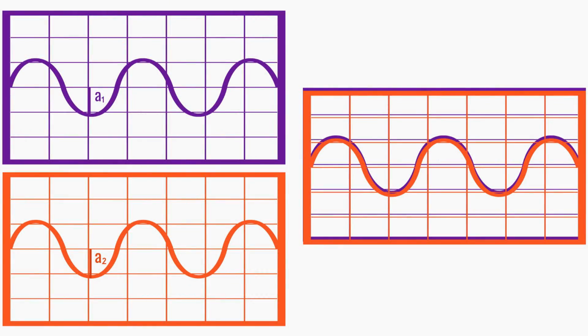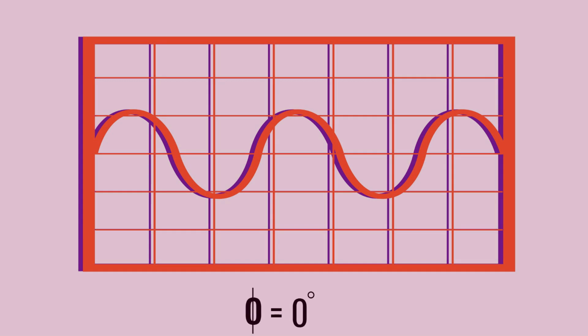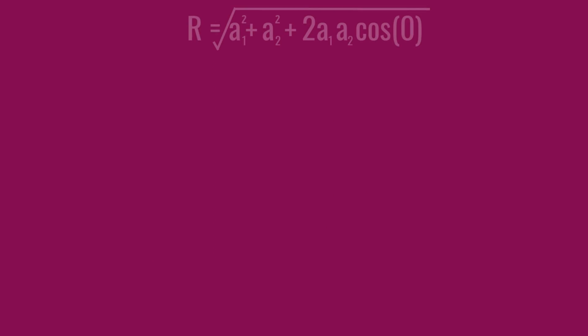As wave A and wave B are in the same phase, the phase difference between them is 0 degrees. So phi equals 0 degrees. Thus the resultant amplitude will be R equals square root of A1 square plus A2 square plus 2A1A2 cos of 0 degrees.